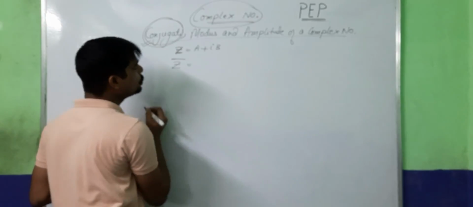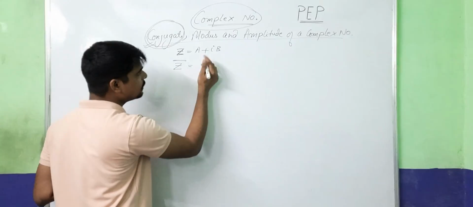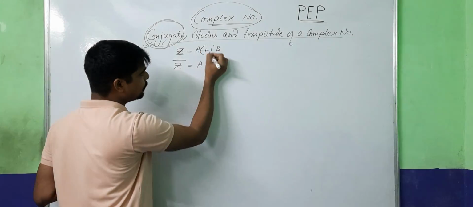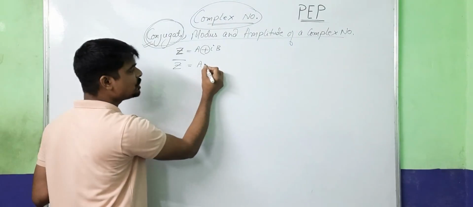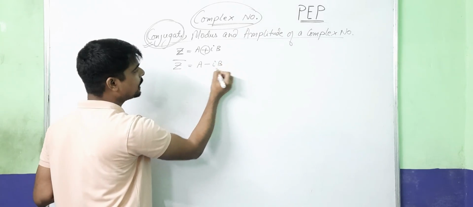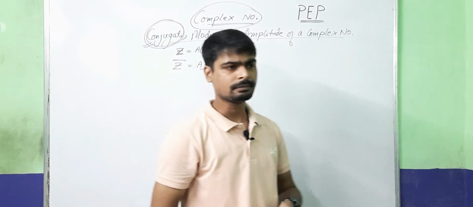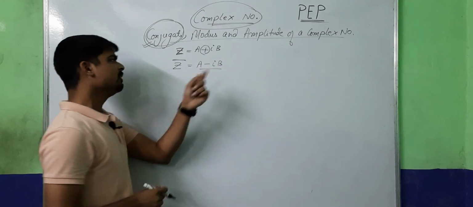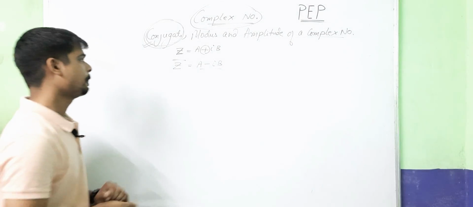Hence, conjugate means this sign will change. a plus ib will become a minus ib.